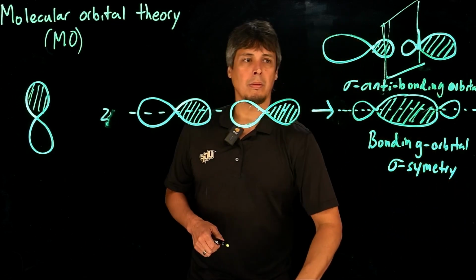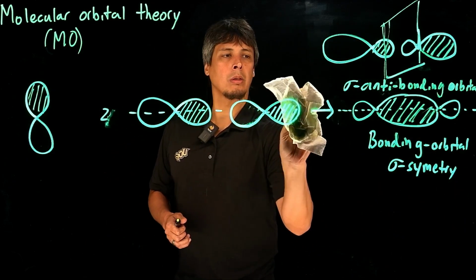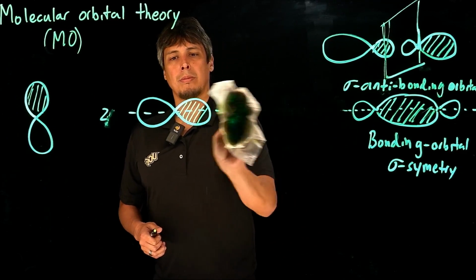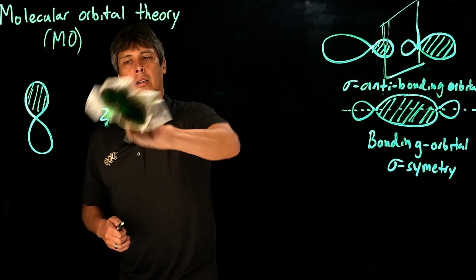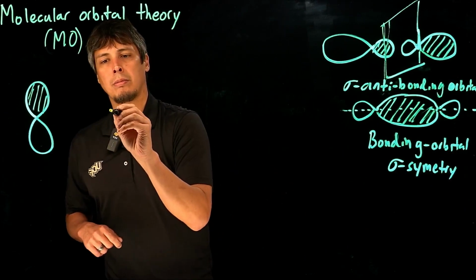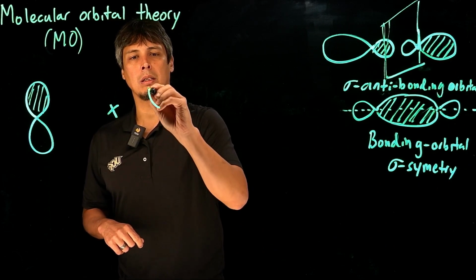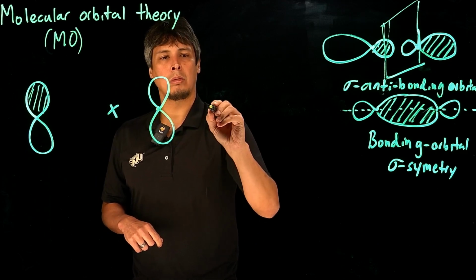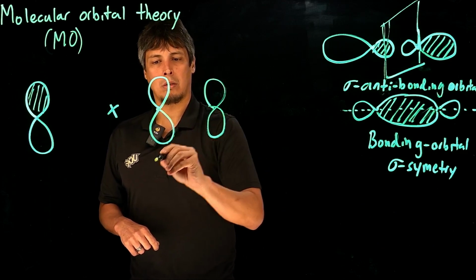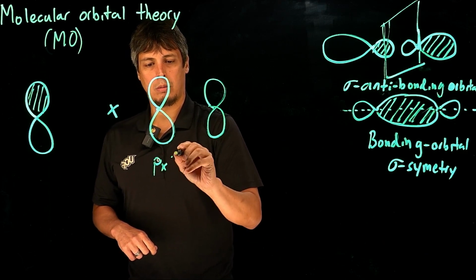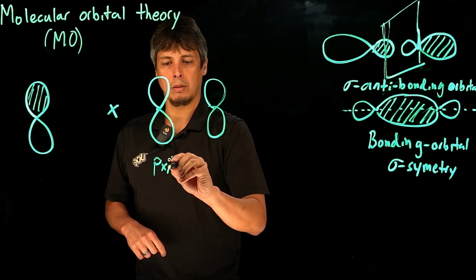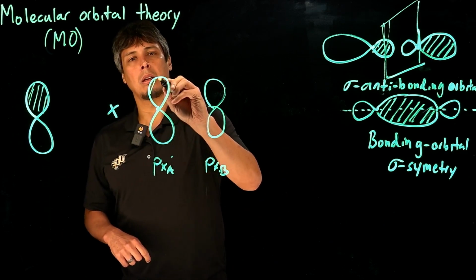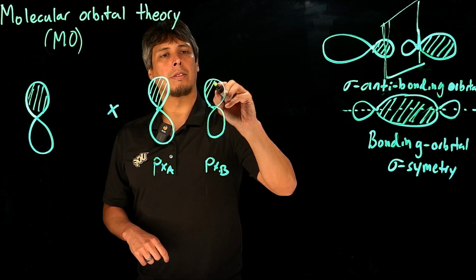But remember that we also have other p orbitals. Now let's say, instead of the z-axis, we think about these on the x-axis, in which case we can think about two px orbitals, px for atom A, px for atom B, and then we're going to define the phases of the lobes.